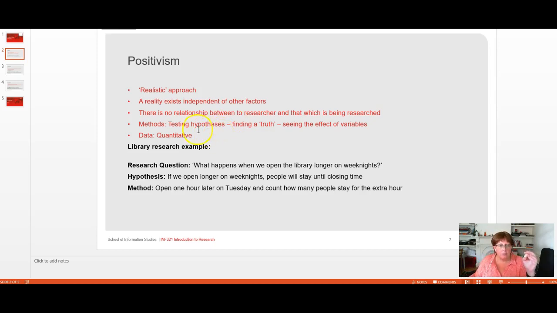We do things like test hypotheses. This is really common in some of the hard sciences where they say, if the world's temperature rises by 0.2 of a degree over a 6-month period, what will be the outcome on this particular plant? So they can test it.